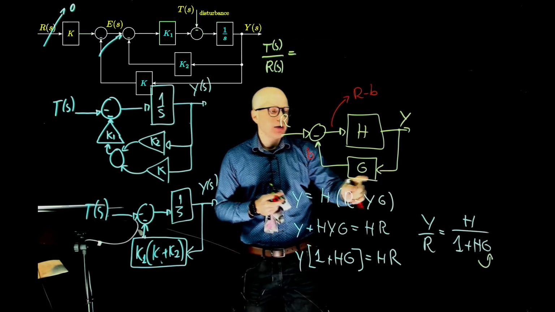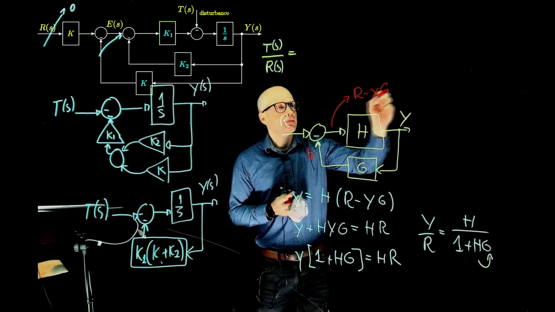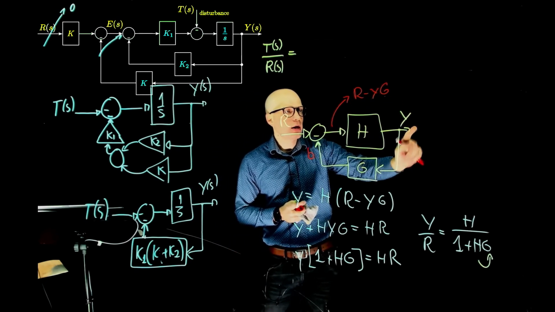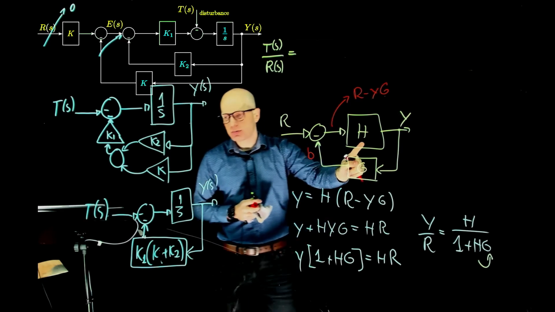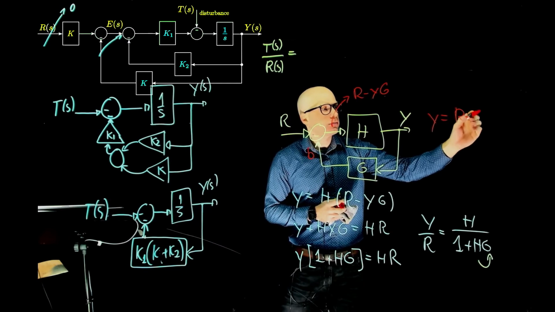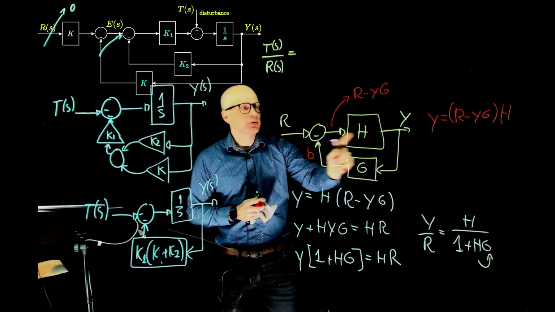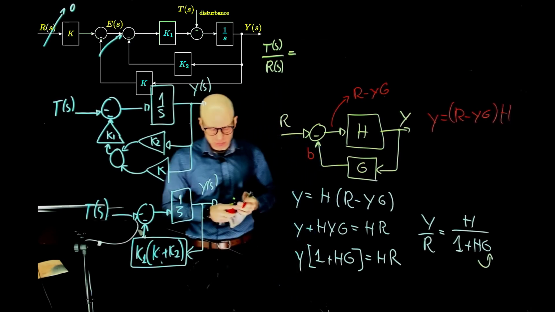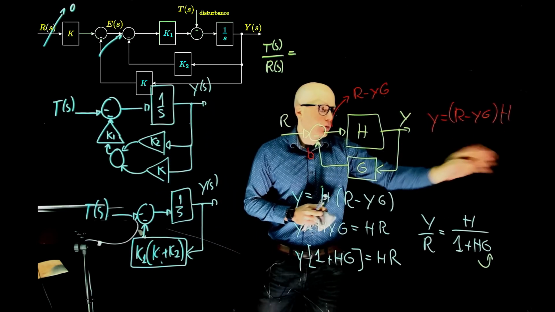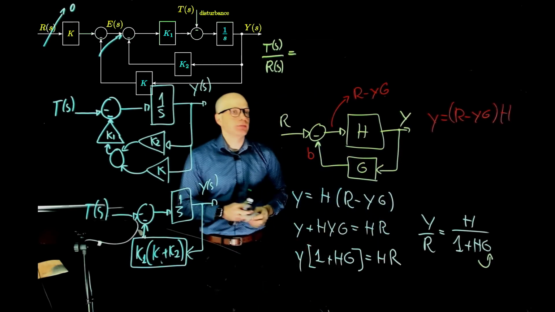B is Y times G. If this signal is R minus Y times G, Y is this signal times H. I take this, multiply by H, and you get that. Now we just need to work out the math to isolate and find exactly Y over R.